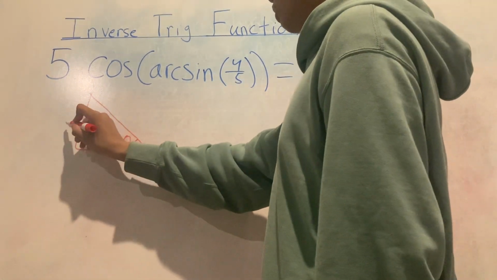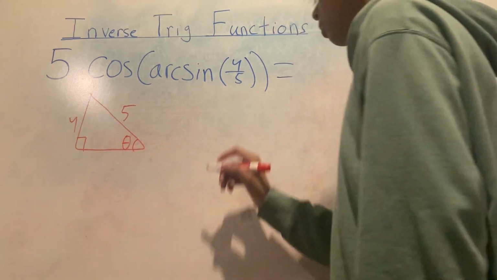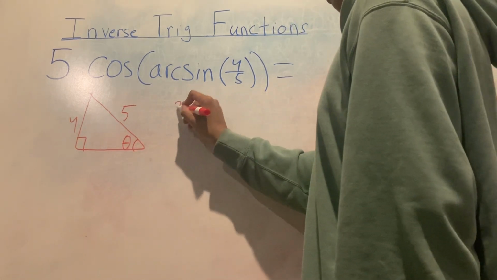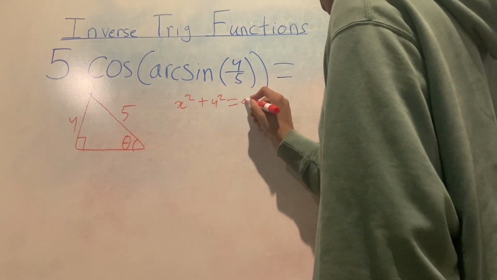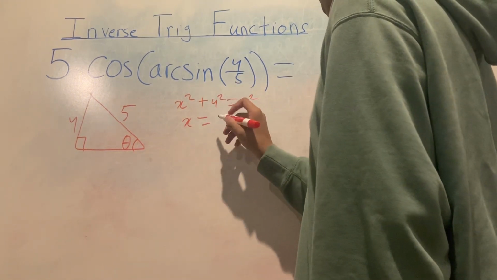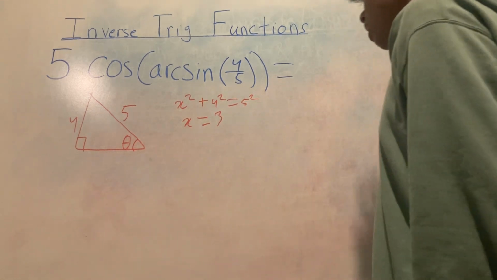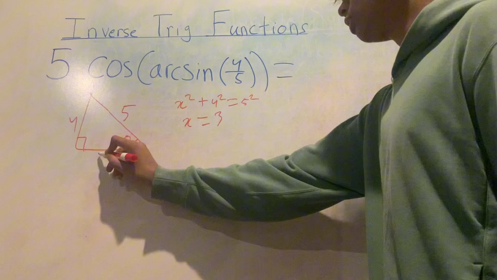So opposite is 4 and hypotenuse is 5. So let's find the missing side. x squared plus 4 squared equals 5 squared, and x should be just 3. 25 minus 16 is 9, square root is 3. So this is 3.